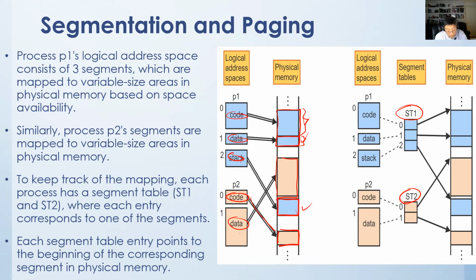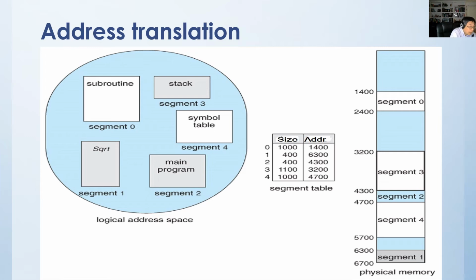Let's take a look at that. Now here's the example of using the segmentation. So in a logical address space, the program contains 5 logical components. One is the subroutine, and I call it segment 0.